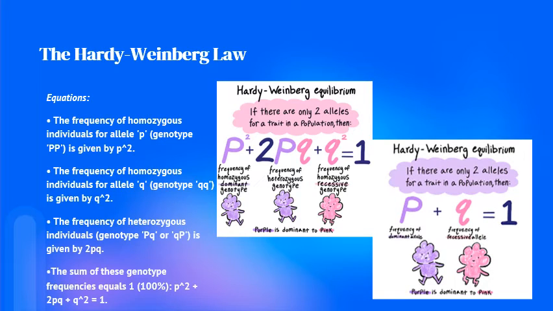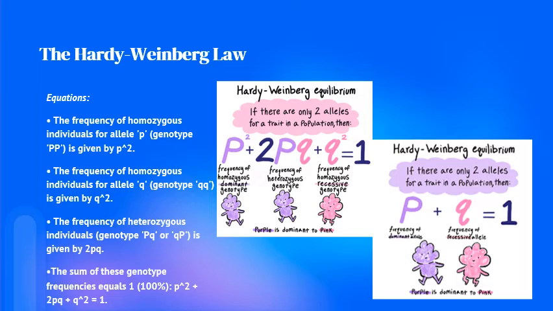The Hardy-Weinberg law is often expressed using mathematical equations. If we denote the frequency of one allele as lowercase p and the frequency of the other allele as lowercase q in a diploid population where individuals have 2 alleles each, the law states the frequency of a homozygous individual for allele p is given by p squared.